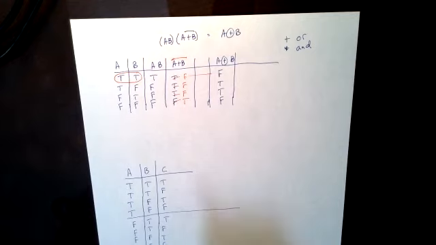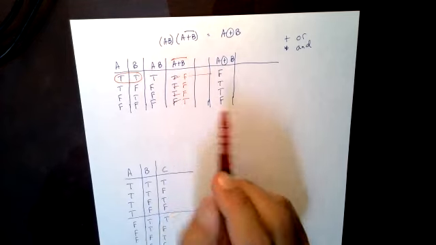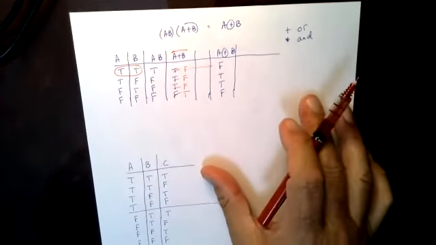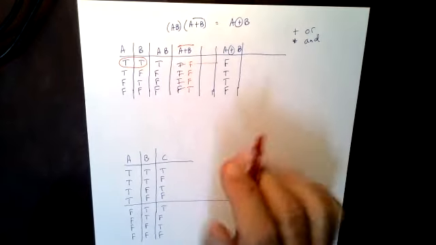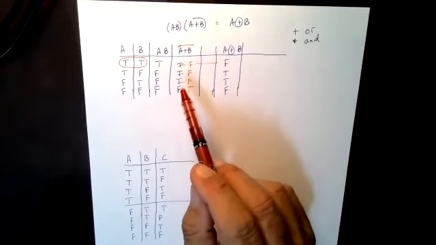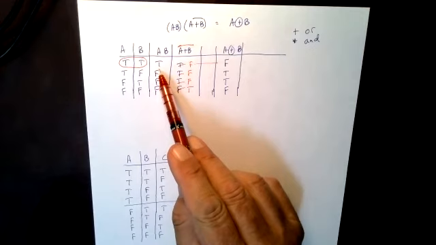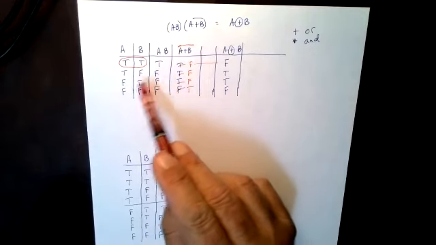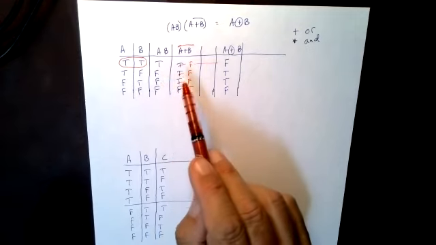Let's double check this. This is true, false, false, false, false. True, true, true, true, false. Did I mess something up? A ANDed with B: true, false, false, false.